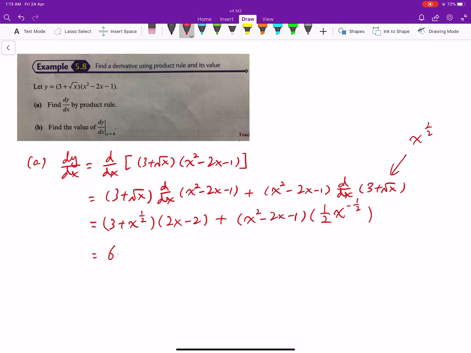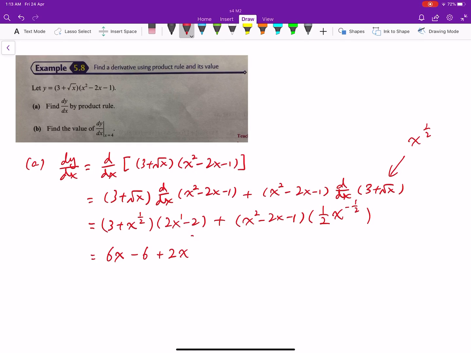So this is 6x minus 6 plus 2 x to the power 1 times x to the power 1 over 2, so you get x to the power 3 over 2, and then minus 2x to the 1 over 2, and then here we get 1 over 2 times 2 minus 1 over 2, so you get 3 over 2, and then minus 1 times x to the 1 minus 1 over 2, so you get 1 over 2 here, and then minus 1 over 2 x to the negative 1 over 2.